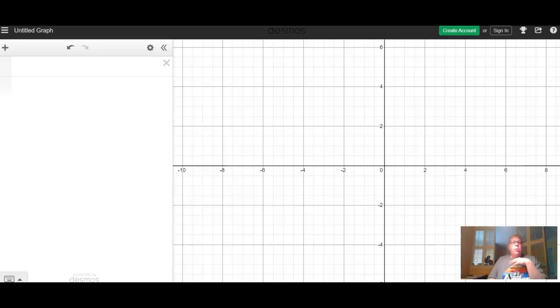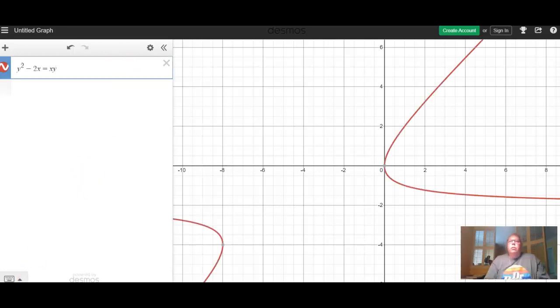Okay, so here we are over in Desmos. And the equation, remember, it was y squared minus 2x is equal to xy. Okay, and here is actually a picture of our original equation, y squared minus 2x is equal to xy.